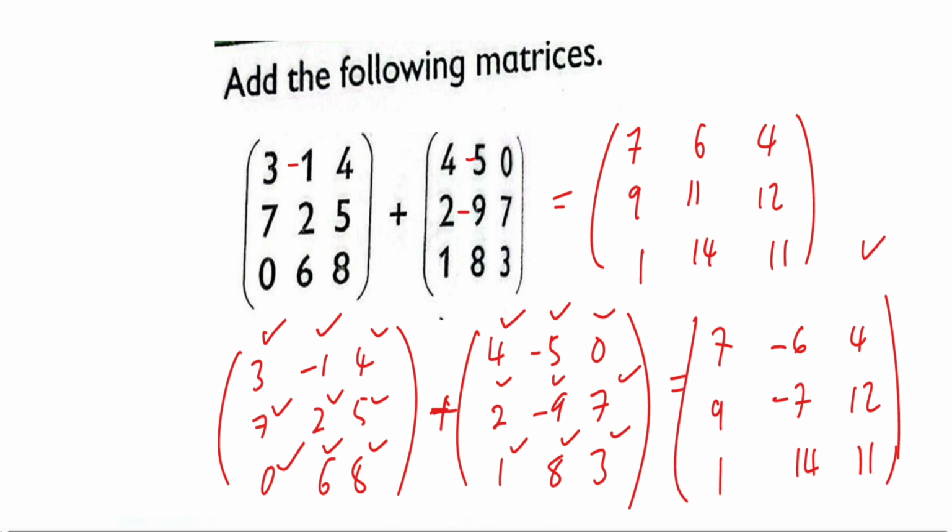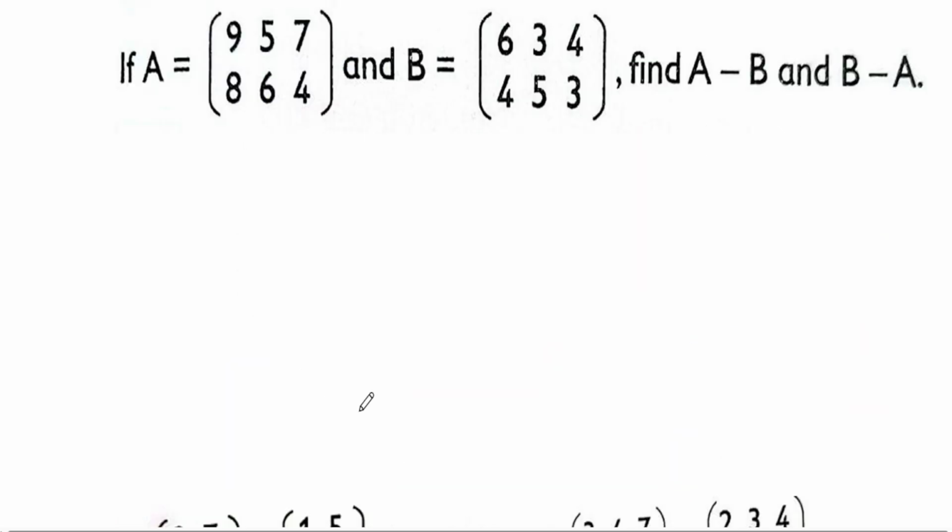Right, now let's try other questions. Now let's try out this question. We've been told to find a minus b and then b minus a. So a minus b is just this minus this. So let's try it out.